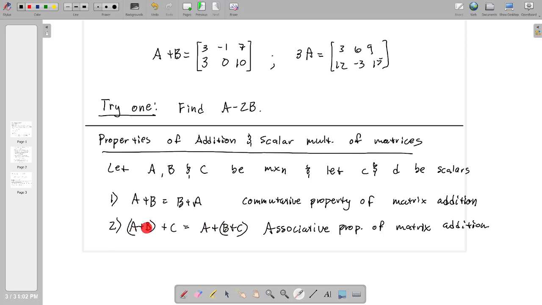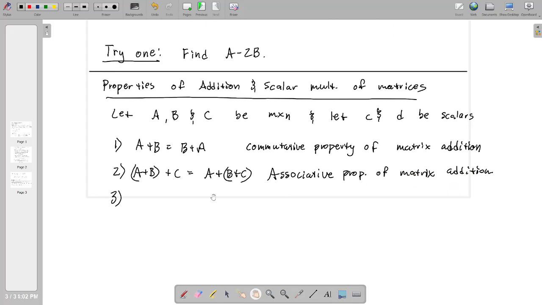So matrix A plus matrix B can be added before we add C, or we can add B to C before we add A. It doesn't matter what order you add in. That's the associative property. Now we specified again with matrix addition because we are applying this property specifically to matrix addition.